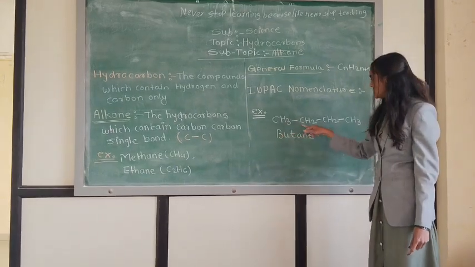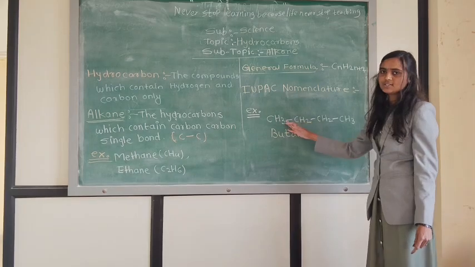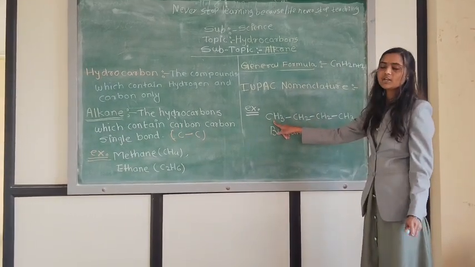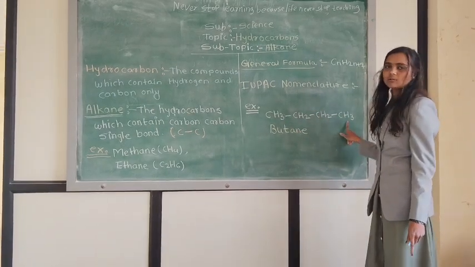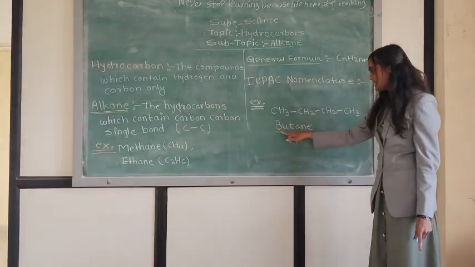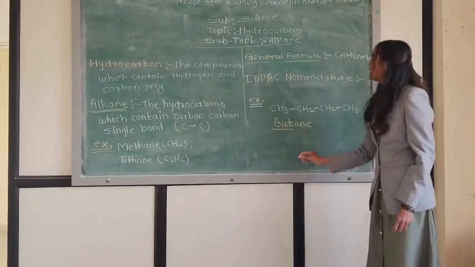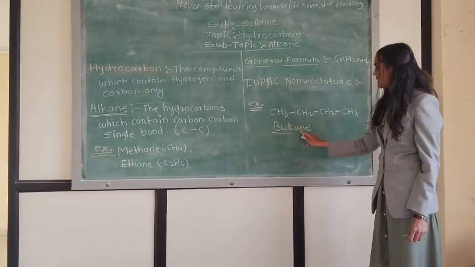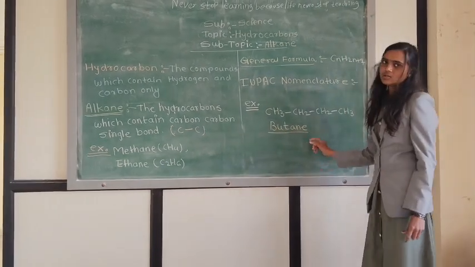First of all we will select the longest chain, that is this chain we have selected, and again we will count the number of carbon atoms in that chain. 1, 2, 3 and 4 carbon atoms are present there. So we will add the prefix but. And as this is alkane, we will add the suffix ane. That is the name butane.